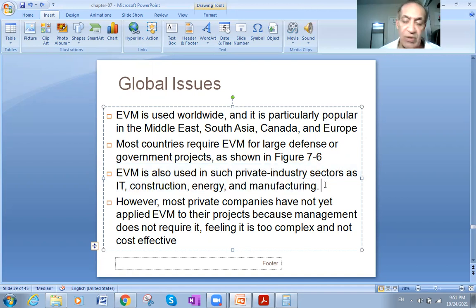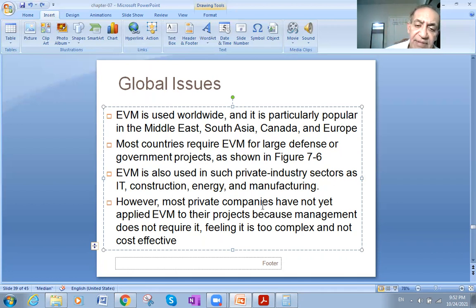They are also using these indicators, the variance and the index. The variance shows me how far I am from the norm or the standard. And the index will show me the percentage of what I completed to the overall, or the percentage of the deviation, the real cost to the planned cost.